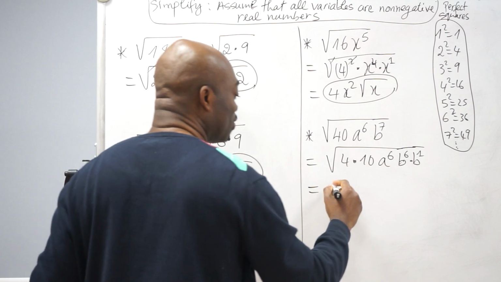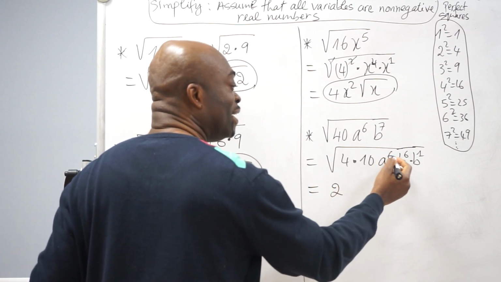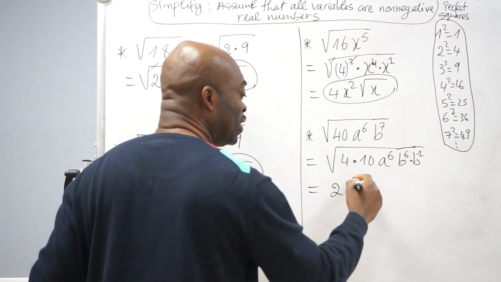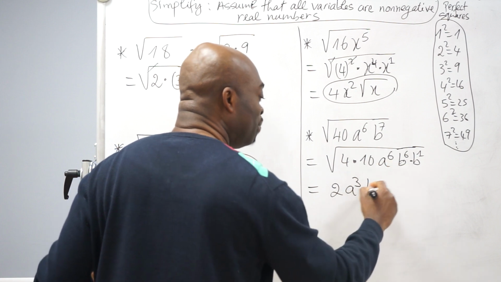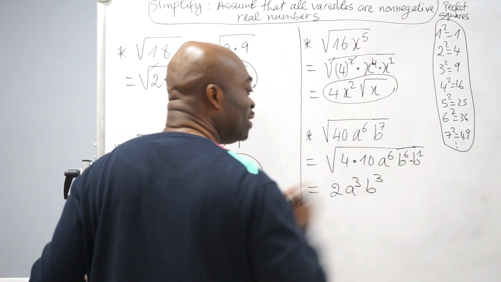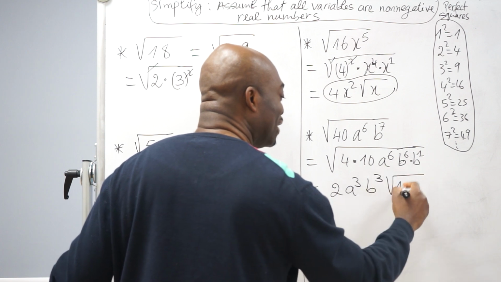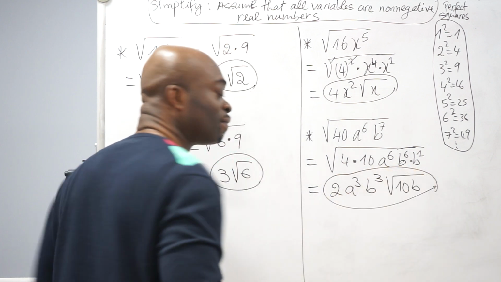All right? So the 2 is going to come out. What else is coming out? For the a, 6 divided by 2 will give you 3. So a cubed. What about b? For b, 6 divided by 2 is also 3. And then b to the 1 stays under. And then what else stays under? 10 and b. This will be your final answer.